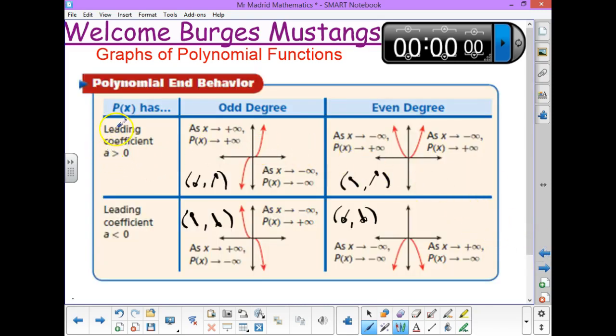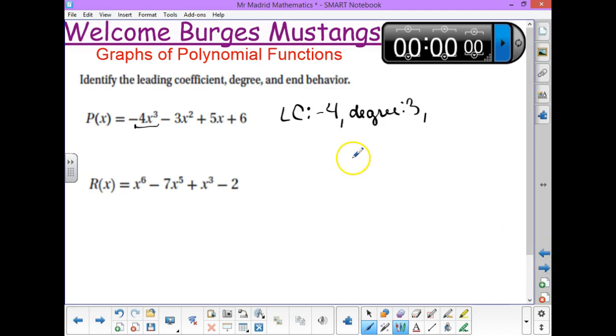Remember that any number greater than 0 is positive, and any number less than 0 is negative. So if we have a negative leading coefficient and an odd degree, let's highlight this part: negative and odd.